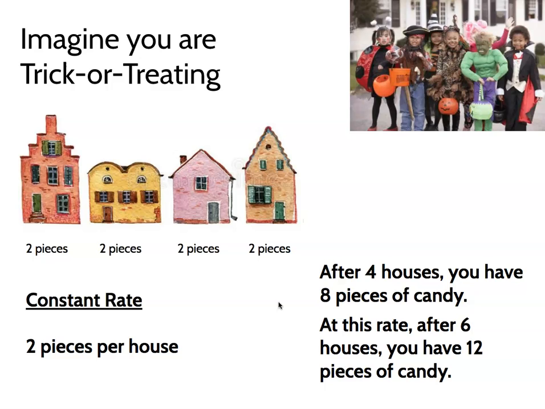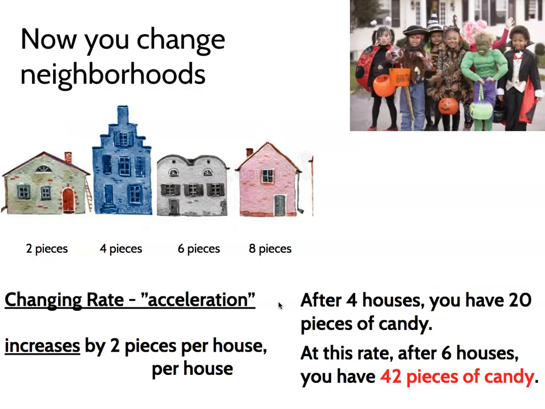But what if the rate of receiving candy was not constant? Now our trick-or-treaters change neighborhoods, and in this example, they have a changing rate. The amount of candy that they receive per house is going to increase by 2 pieces per house, or in other words, the number of pieces of candy will increase by 2 pieces for every house they visit.